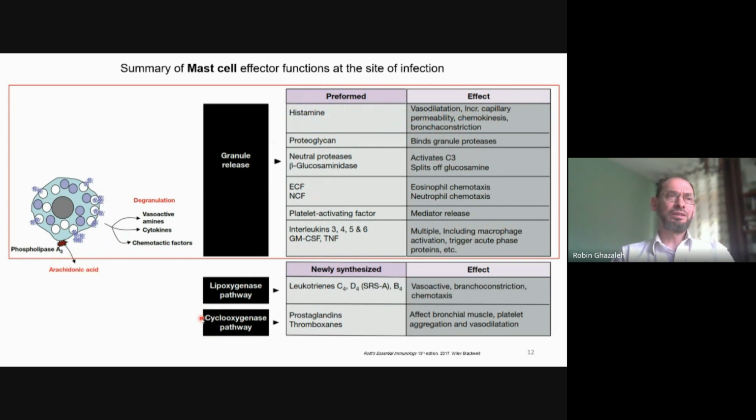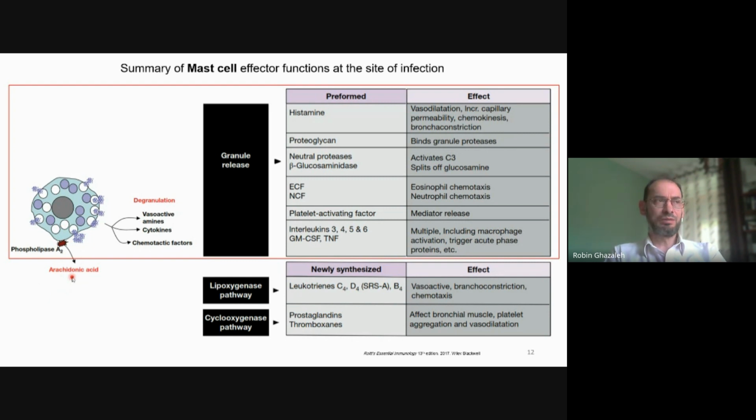Drug companies are constantly looking for new ways to specifically target this. The idea is that arachidonic acid is converted into many groups of other molecules. Arachidonic acid is a lipid, it's a fatty acid.